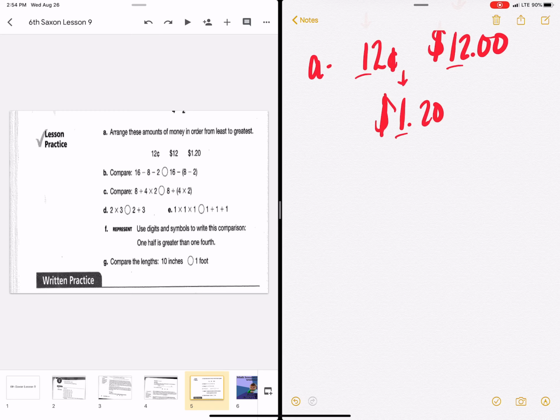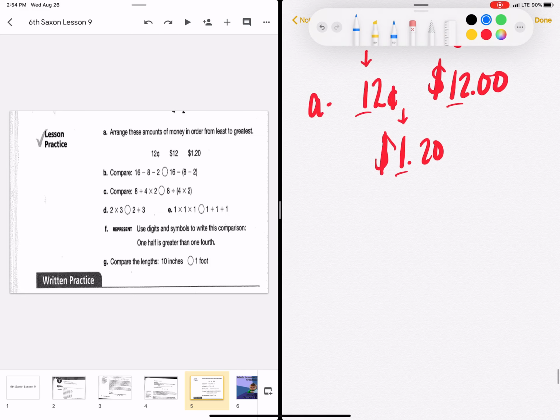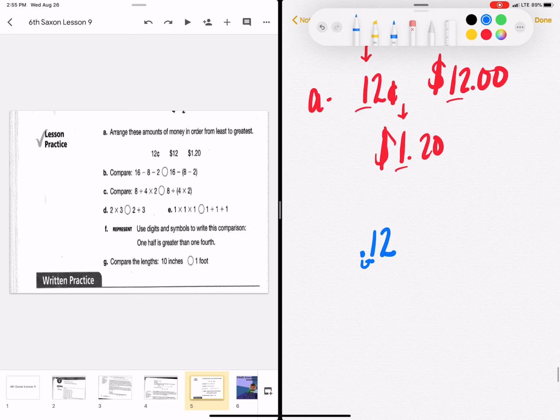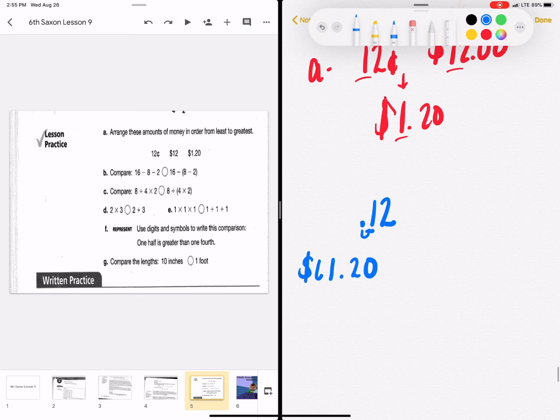Let's line these numbers up using their place value from least to greatest. So 12 cents, the first place that has value is the tenths. So it is the smallest. $1.20 is next because it does not even have anything in the tens place.